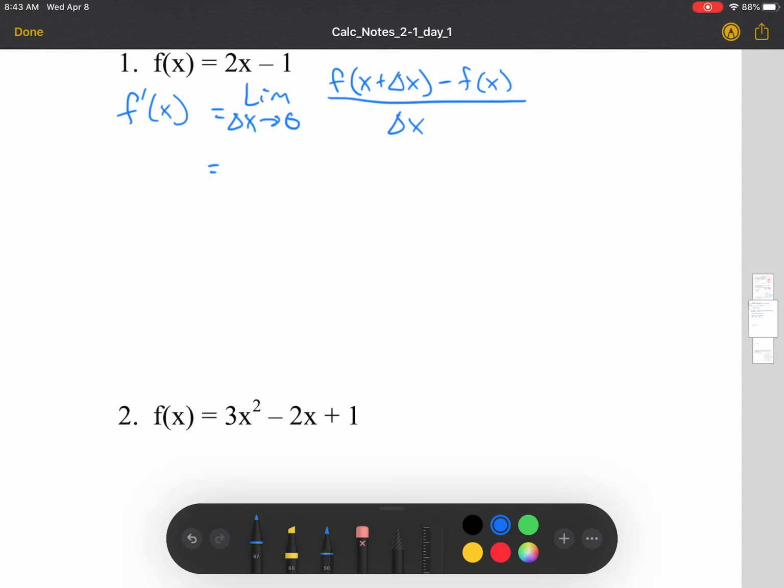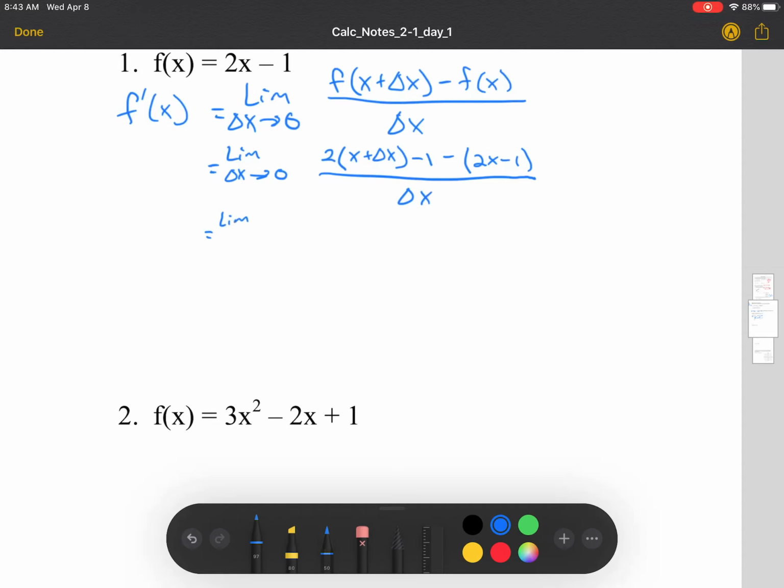So I'm going to zoom in a little bit so I can write smaller. So this equals, again, we've got to write this limit every time. Don't forget it. All right, so if we start plugging in our equation, we're going to have 2 times x plus delta x minus 1 minus 2x minus 1 on top, all over delta x.